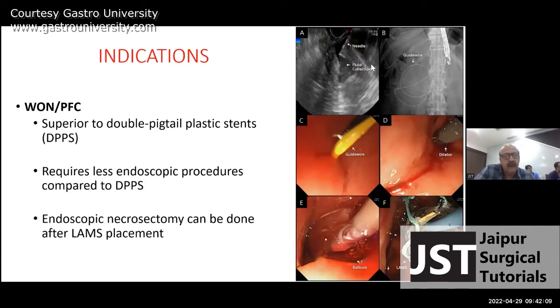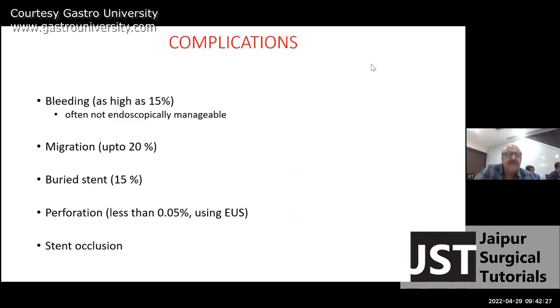It is superior to double pigtail stents because of the larger diameter, so more effective. And if there is more necrosis and debris inside the WON, you can go inside with a standard endoscope and remove the debris by direct endoscopy through the LAMS.